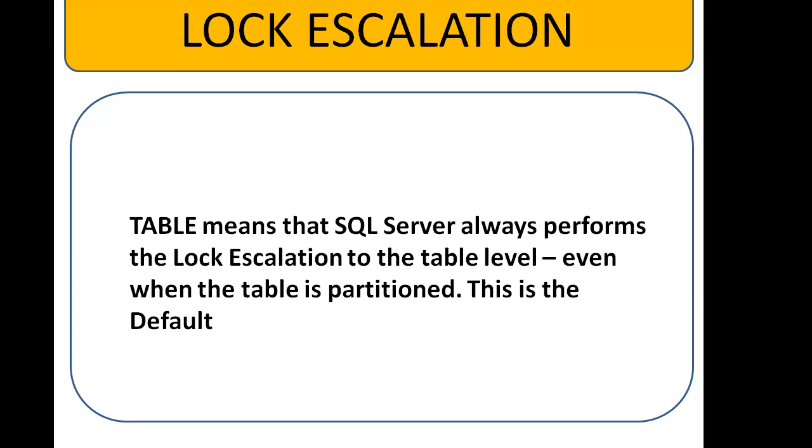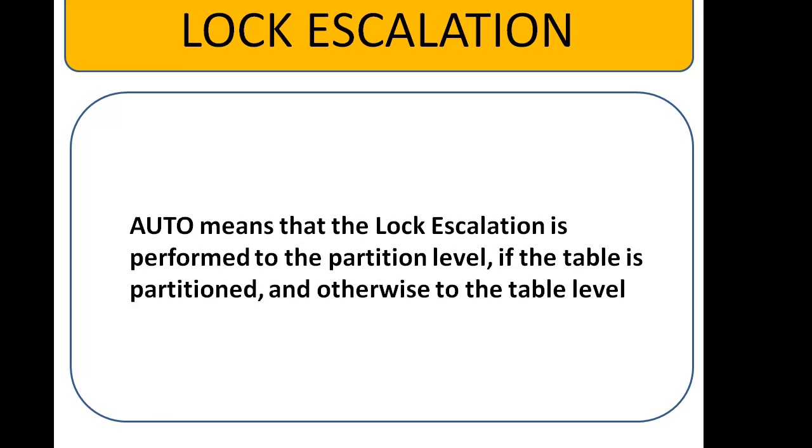This is the default type. And second one is auto. Auto means the lock escalation is performed to the partition level if the table is partitioned, it acquires partition level locks, and otherwise it acts like a table level.